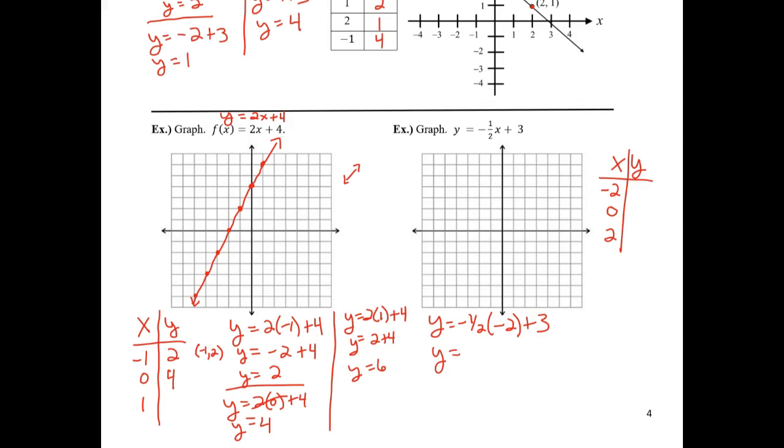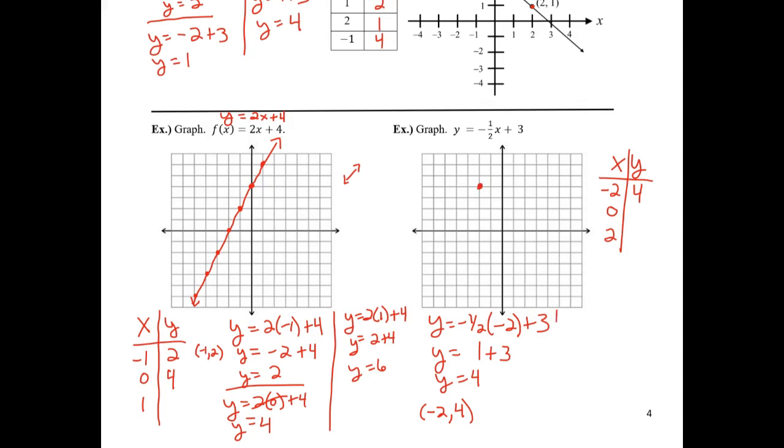And 1/2 times 2, well, that's just a half of 2, which is 1. So 1 plus 3 will give me 4. That's the ordered pair. I plugged in negative 2. I got out 4. On my graph, I go back negative 2, positive 1, 2, 3, 4.